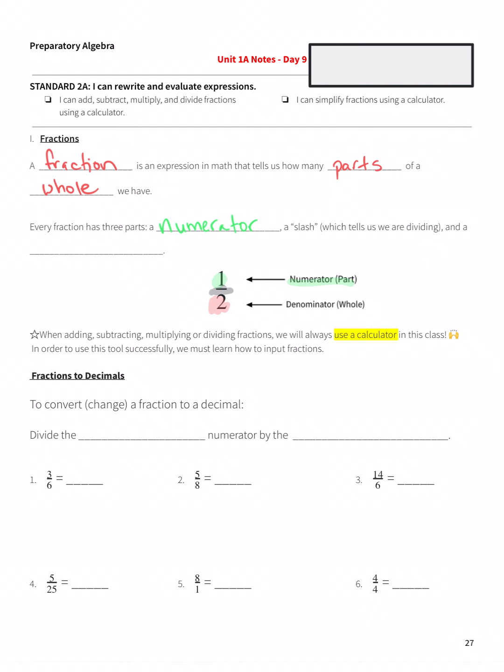So let's put that in our notes as well. All right, a fraction has 3 parts: a numerator, a slash, which tells us what we are dividing, and a denominator, the whole. So if I look right here, this is my fraction. My denominator or my whole is 2.